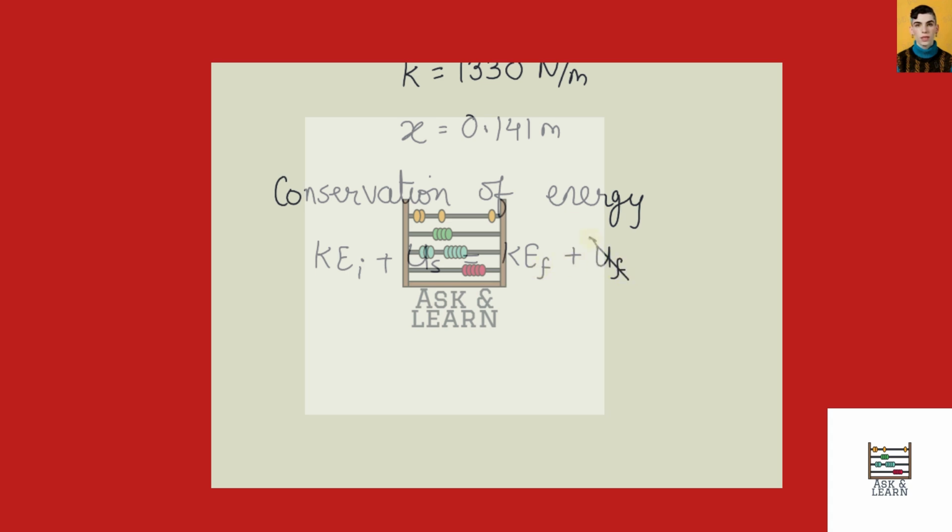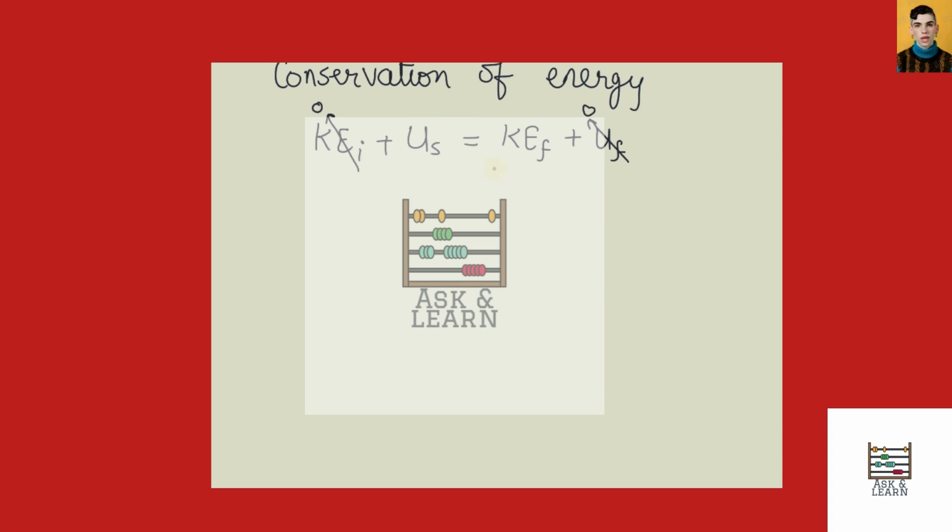Finally the spring will remain in unstretched condition, so this will be 0. Initially the blocks are at rest, so this kinetic energy is 0. So from here we get half kx square is equal to half m1 v1 square plus half m2 v2 square.